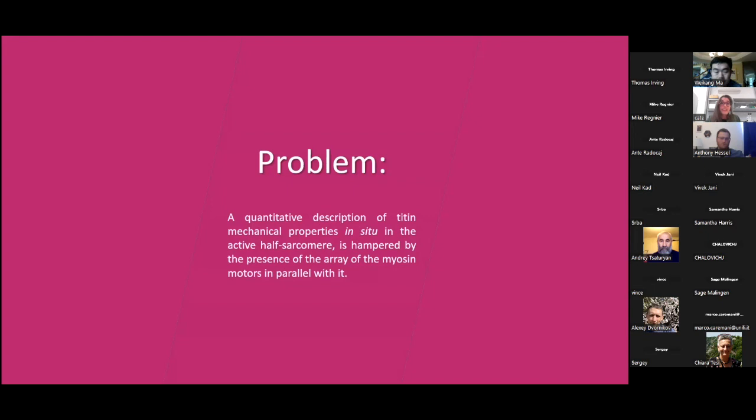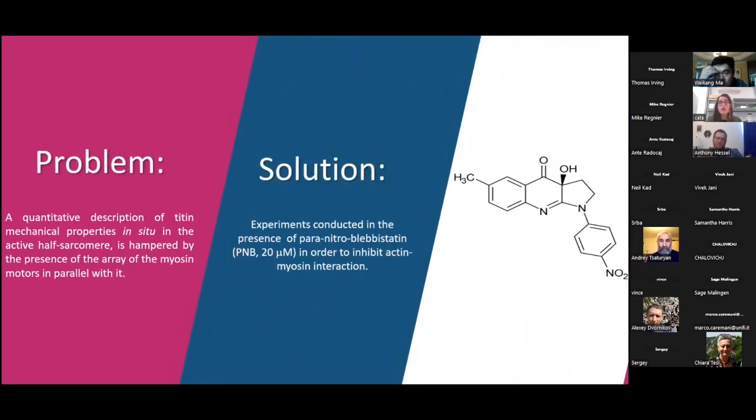The problem is that a quantitative description of titin in situ in the half sarcomere is hampered by the presence of the array of myosin motors in parallel with it. So in order to overcome this problem, all of our experiments are conducted in the presence of 20 micromolar para-nitroblebbistatin in order to inhibit actin-myosin interaction.